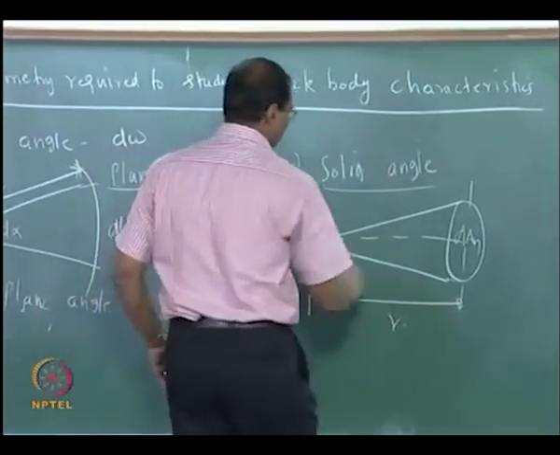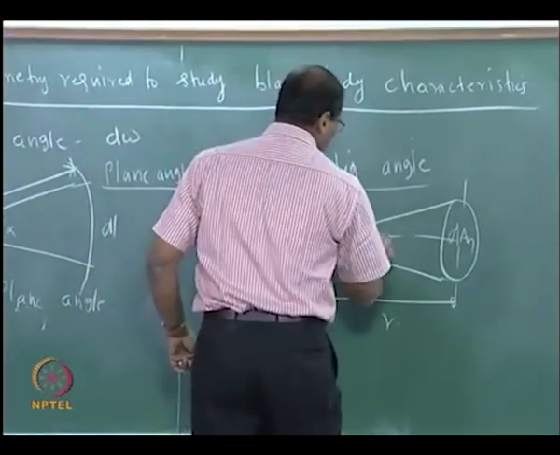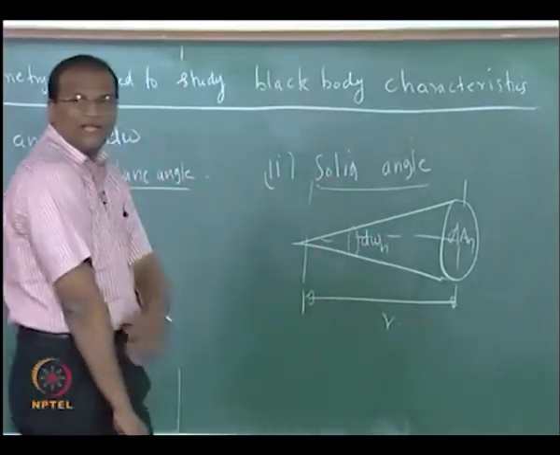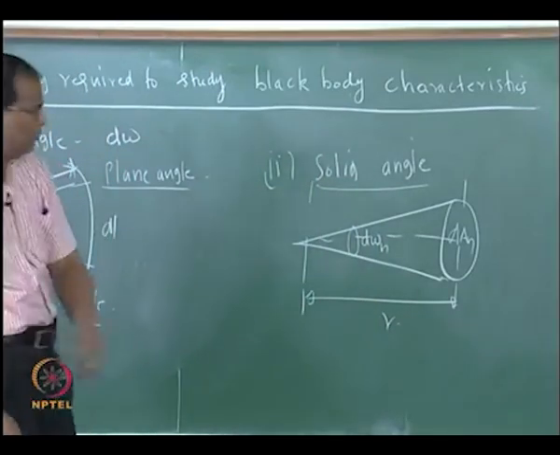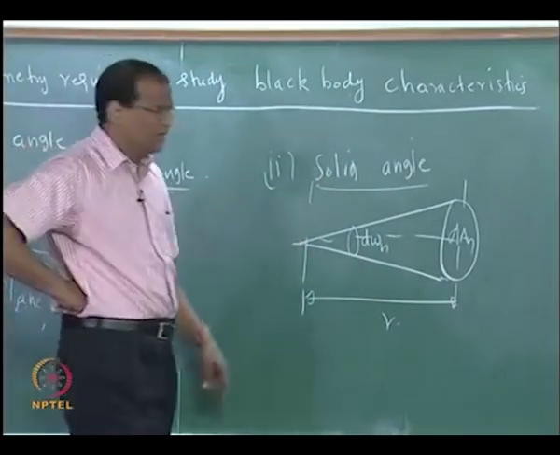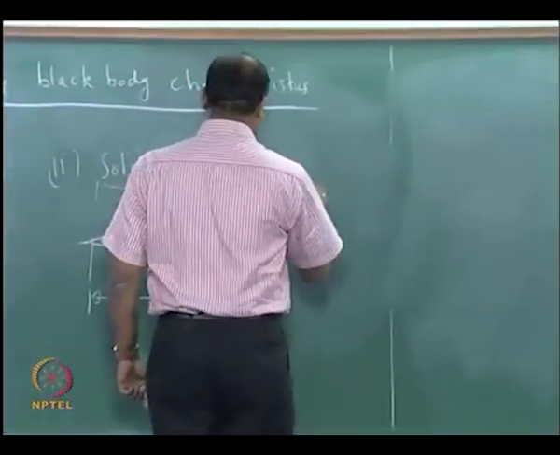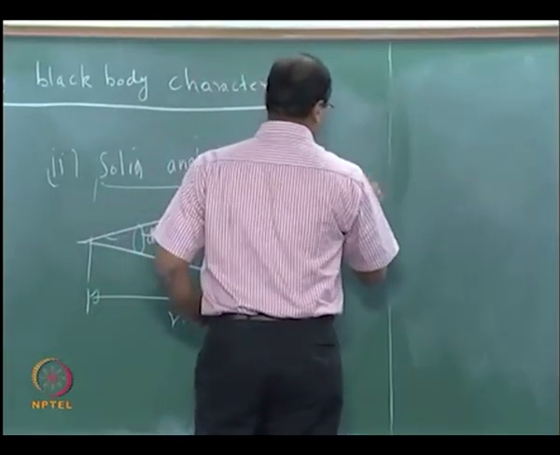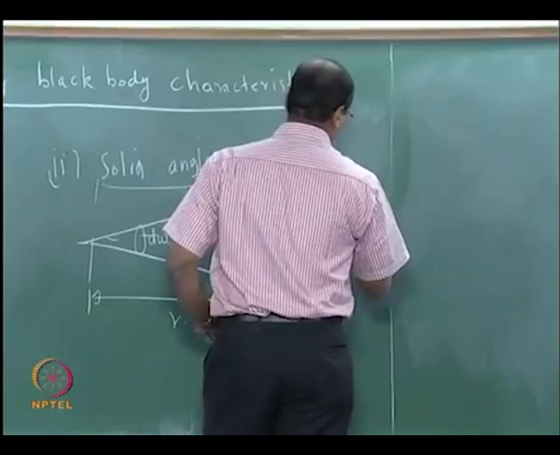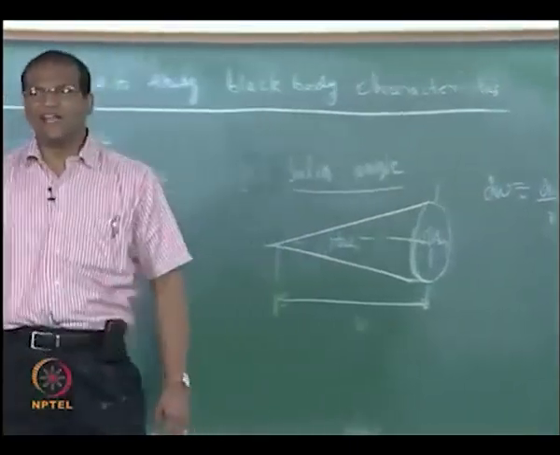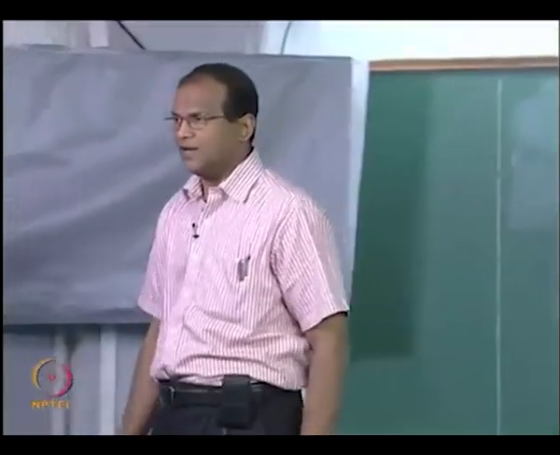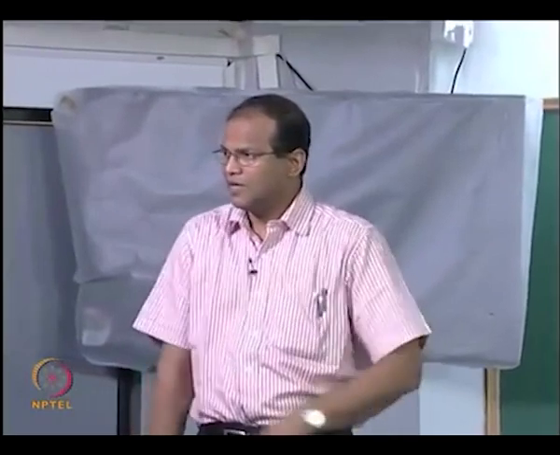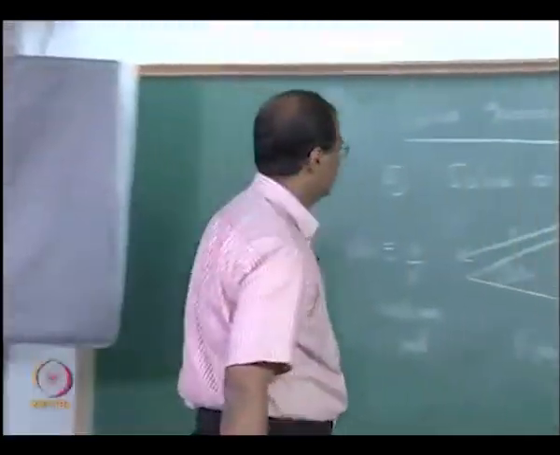Okay, this is a small elemental solid angle subtended by the elemental area DAN at a point on this. Okay, so d omega equals DAN by r squared. The n subscript denotes a normal area. Okay, what are the units for this? Steradian.